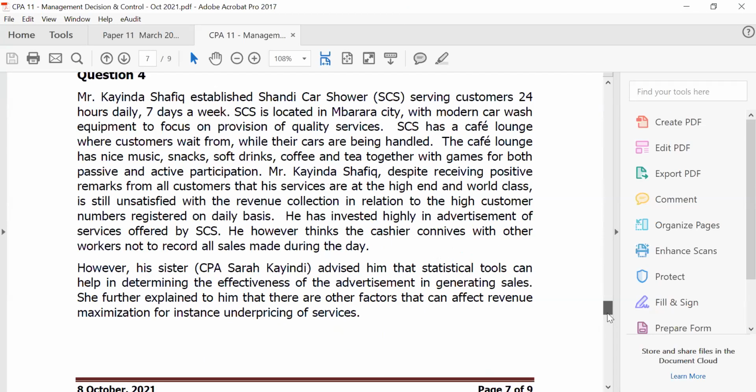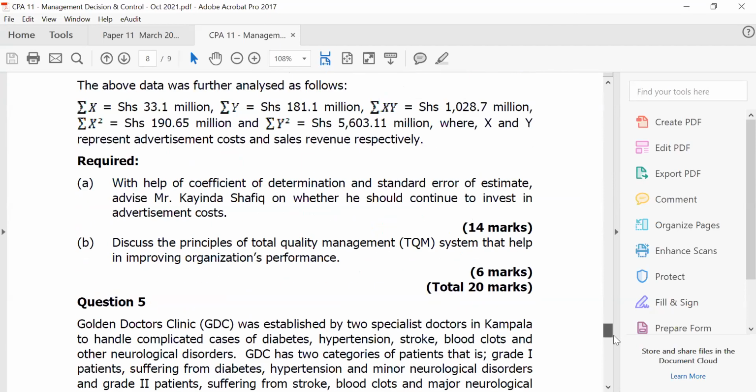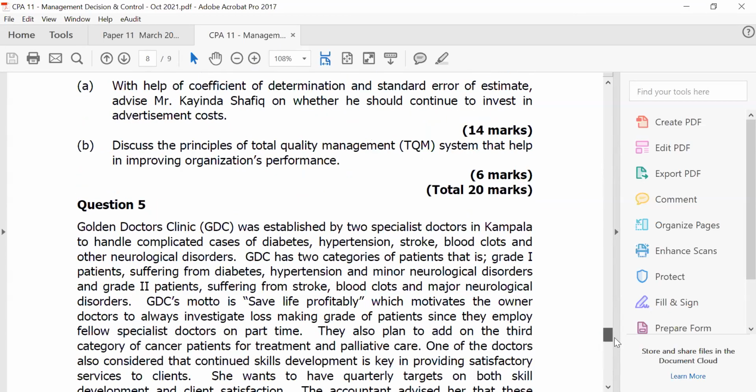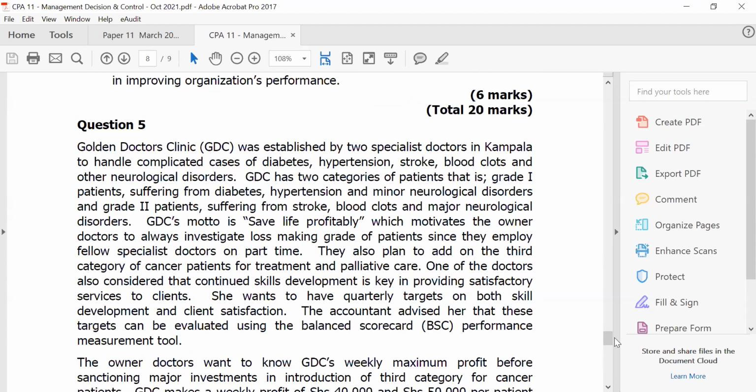I think it is the last question in this paper. We're just going to first conceptualize the information and then see how we can find different solutions. But before I go into that, I just want to give an overview of linear programming.